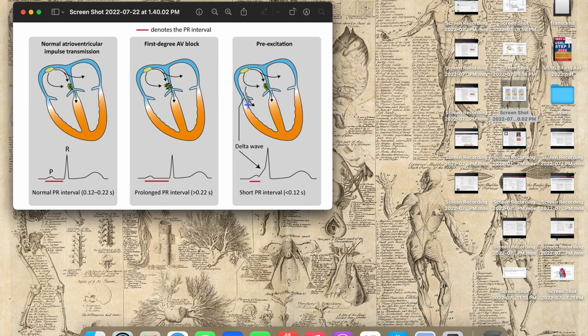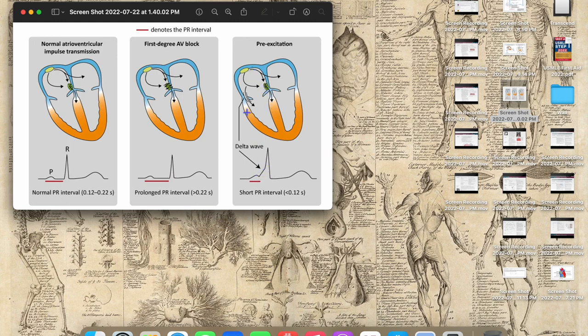But in re-entry, it's this thing. It goes like that, and it goes from another place, and then it excites someone over there as well. So this causes early excitation, so the PR interval will be short.